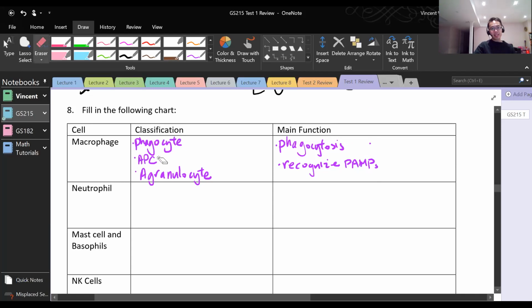As an APC, it is also responsible for activating naive T cell. And it's able to do that because it can do antigen processing as well as antigen presentation.